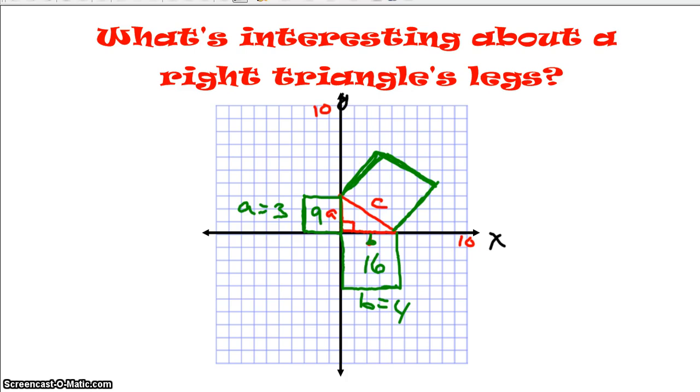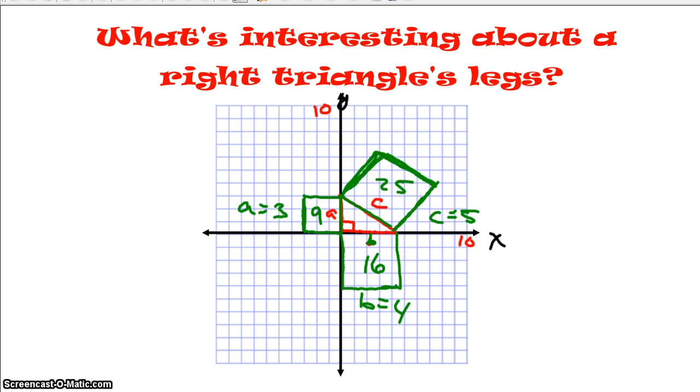Guess how long C is? Very good. Good guess. It's 5. So if C is 5, what is the area of the square we put on the back of C? 5 times 5 is 25.